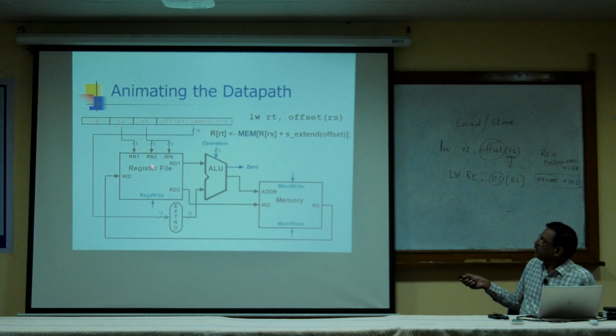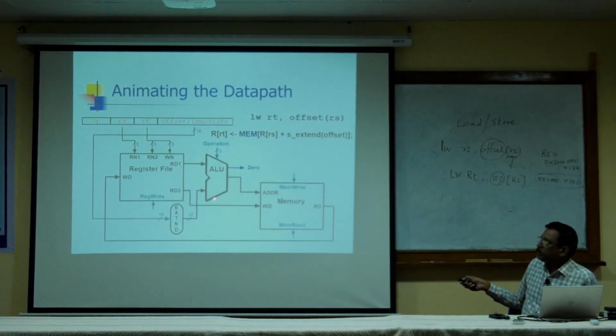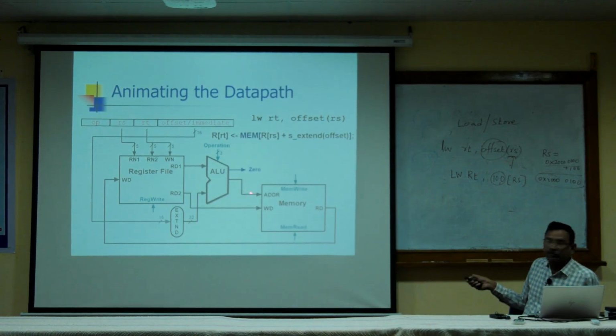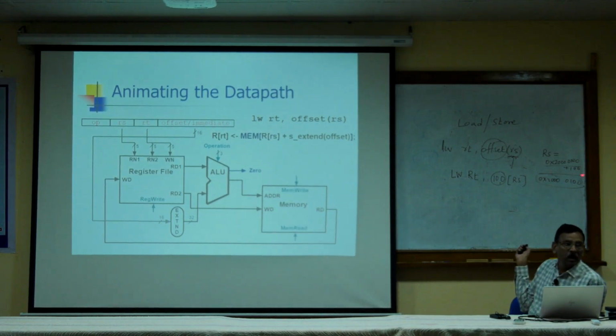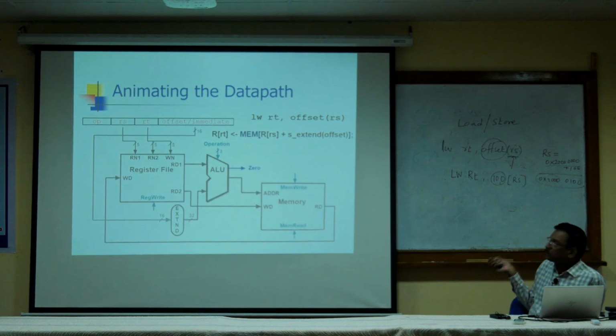Then the content of the register and this offset, these two will be added, and this gives the effective address. After adding, this is the final address, offset plus base.